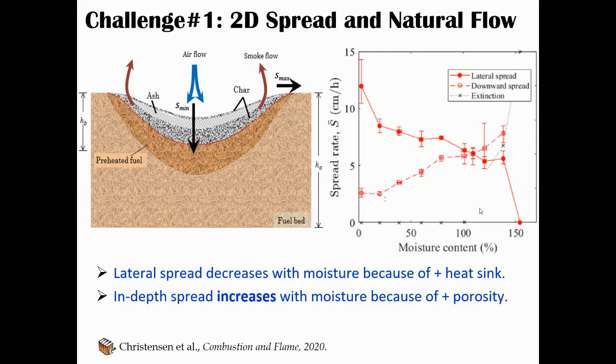So the higher porosity of wetter samples means that once they overcome that heat sink, they actually respond with a faster spread, because the higher porosity means they spend less time at that location and they can move forward faster, and the oxygen can penetrate deeper into the sample and aid the process of burning.